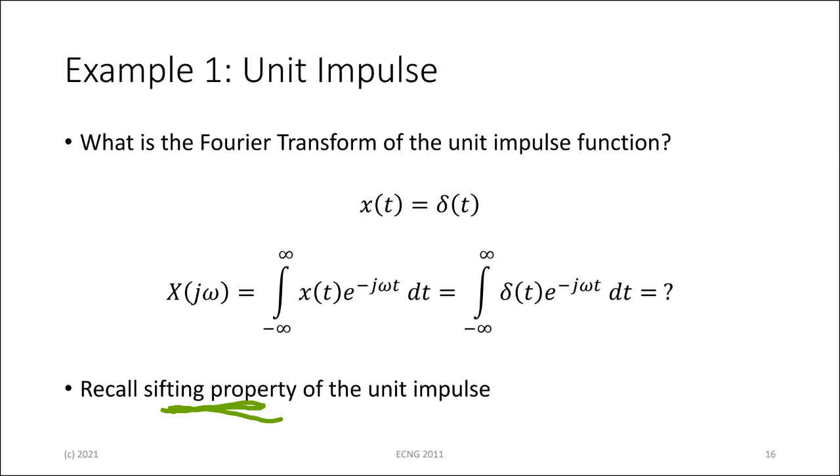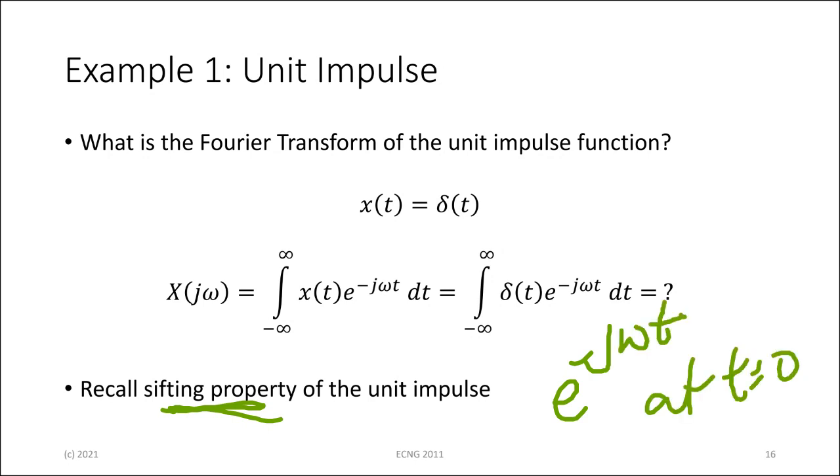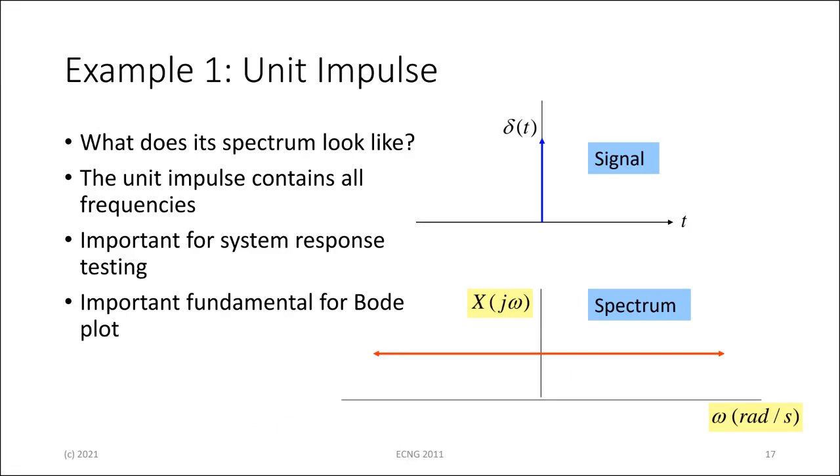Of course, the impulse function sifts out anything at the point of the impulse. So delta t is an impulse at t equal to 0, so this is going to sift out the value of e to the minus j omega t at t equal to 0. And e to the power 0 is 1.